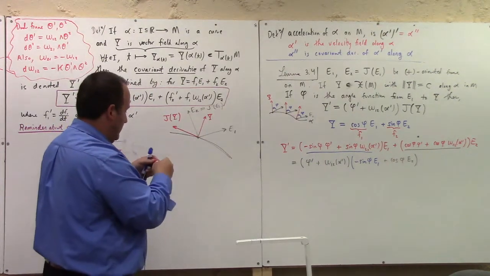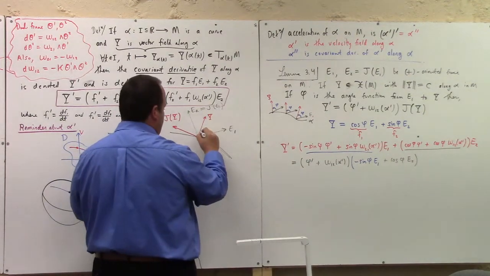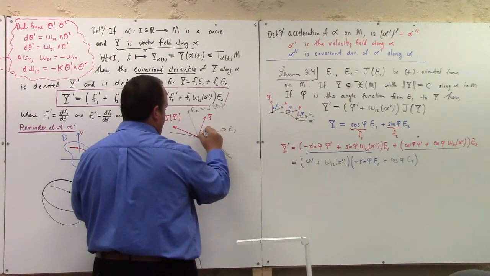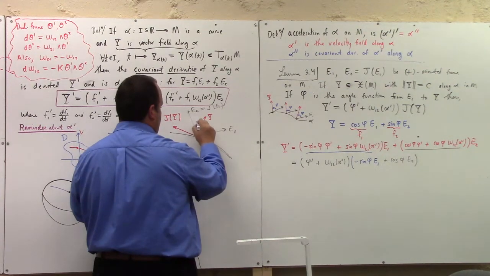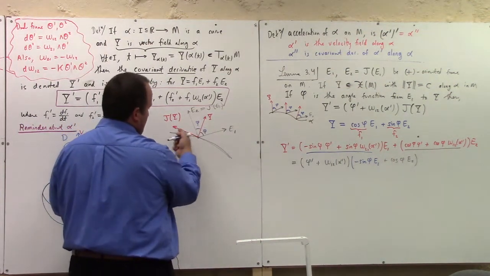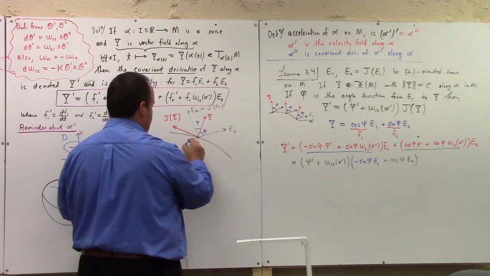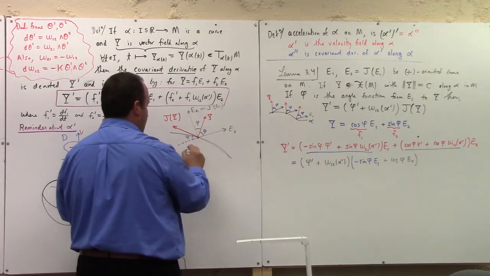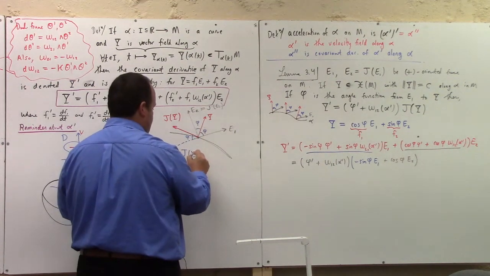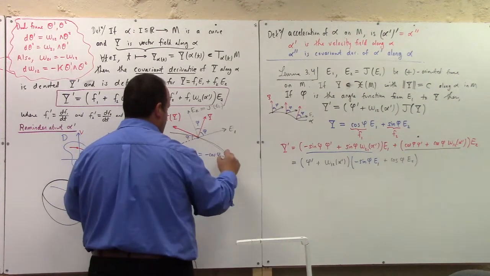So check it out. This angle was phi. And that also would be phi, right? This would also be phi. And that would also be phi with geometry. Yeah, I suppose you could put phi back here, right? And so then you can see that J of Y is equal to minus cosine phi E1, right?